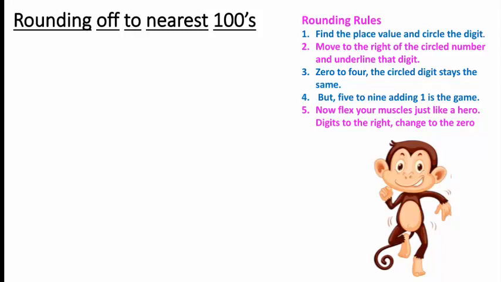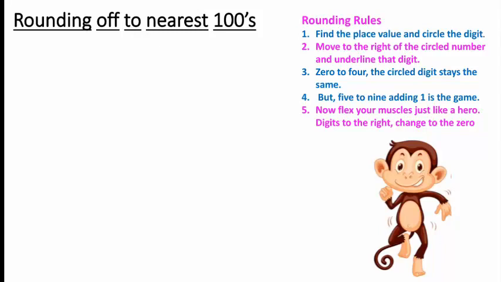Otherwise, if the underlined digit is equal to 5 or greater than 5, then we add 1 to the circled digit. Clear this much? And the rest of the digits beside the circled digit become 0 0, whereas the previous digits before the circled digit remain as they are.